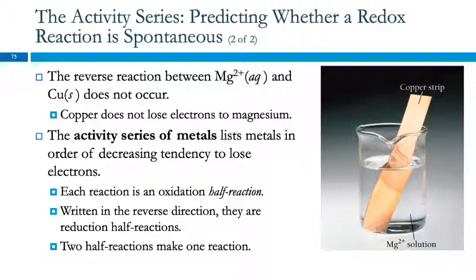So we write these as if they were oxidations. Oxidation is loss of electrons, so we're looking at the losing electrons. And that's called a half reaction because it's only half of what's happening. If we turn one around, it's a reduction half reaction, and you put two of them together to get one reaction.